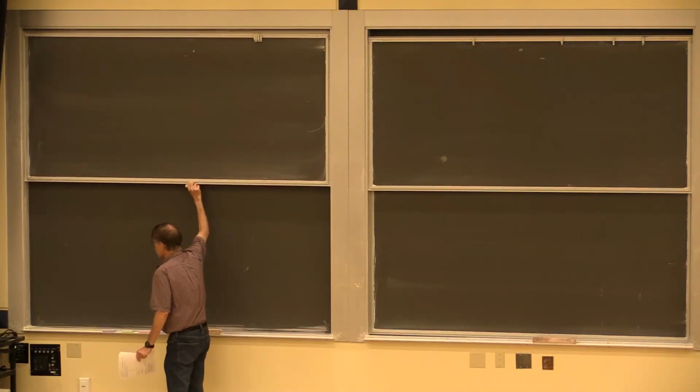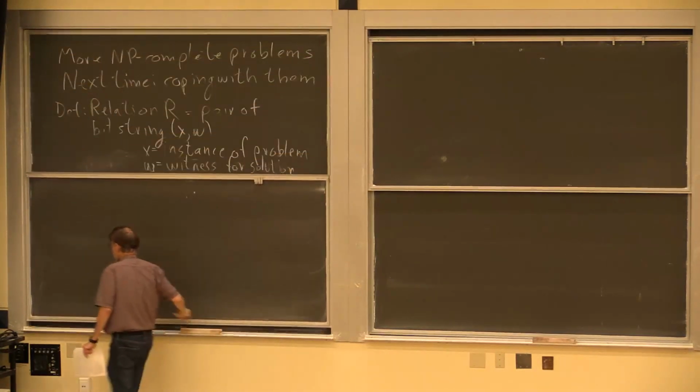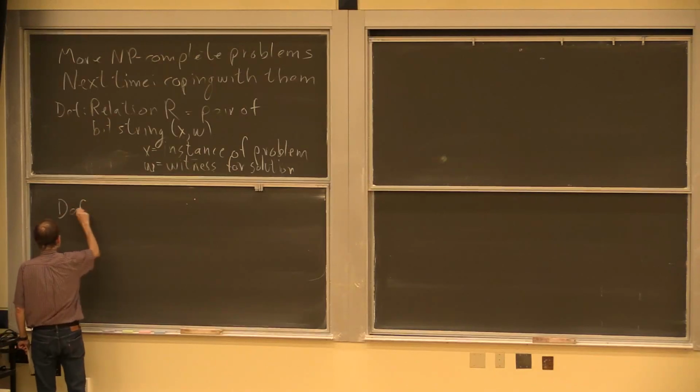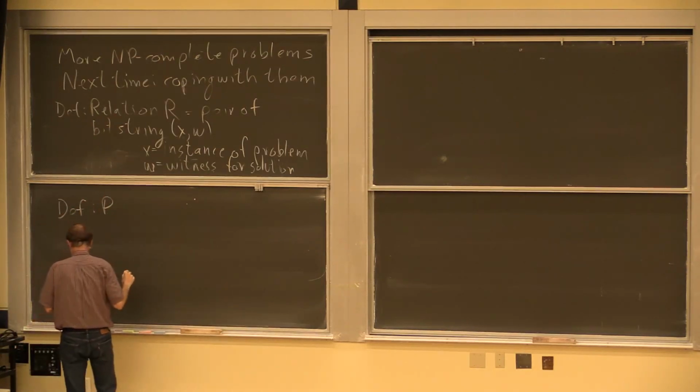So given that, we define our complexity classes. And P was a polynomial time one.